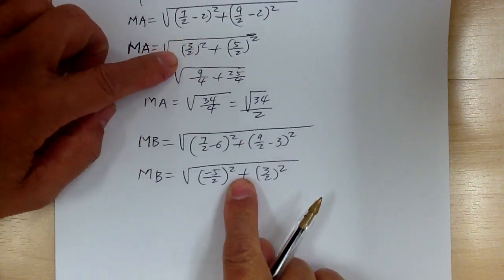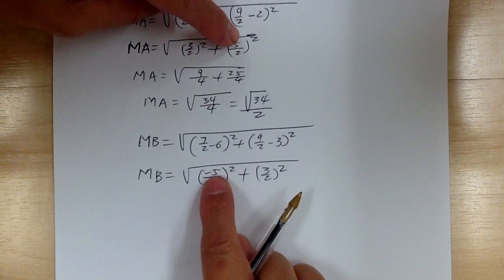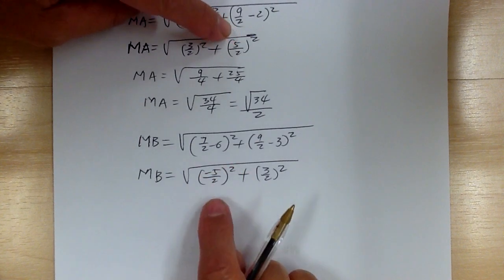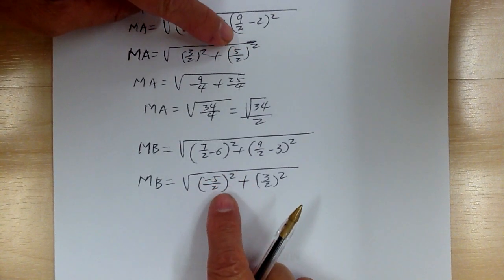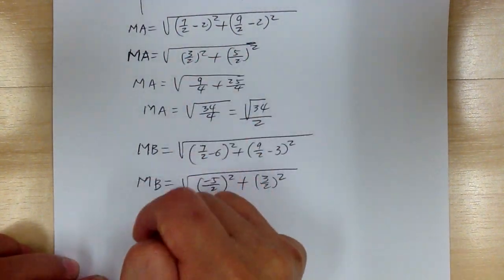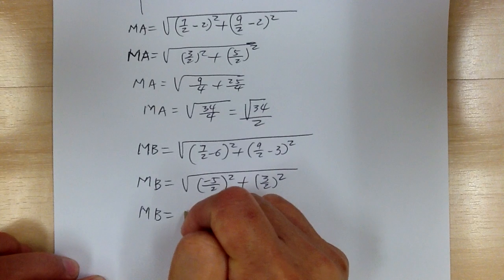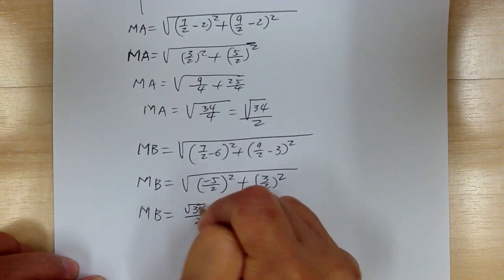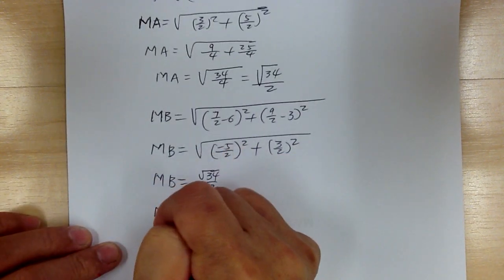You can see from here they are the same. The negative doesn't matter because you're going to square. So you're going to get 5 over 2, 3 over 2. Since they're the same, MB is going to equal the square root of 34 over 4. Okay, and you do the MC.